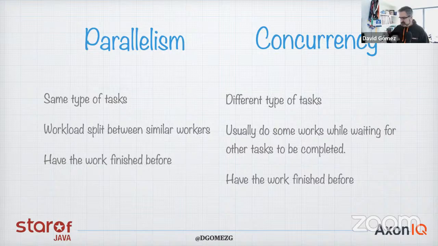And in order to give an example, just think like we are going to go outside of the IT world for a moment. Just think that you are working in a kitchen, that we are chefs or cooks, and we have to prepare the food for a big number of customers.